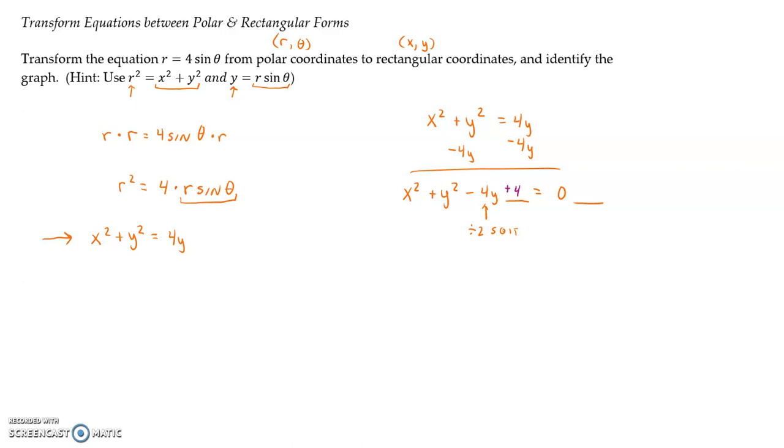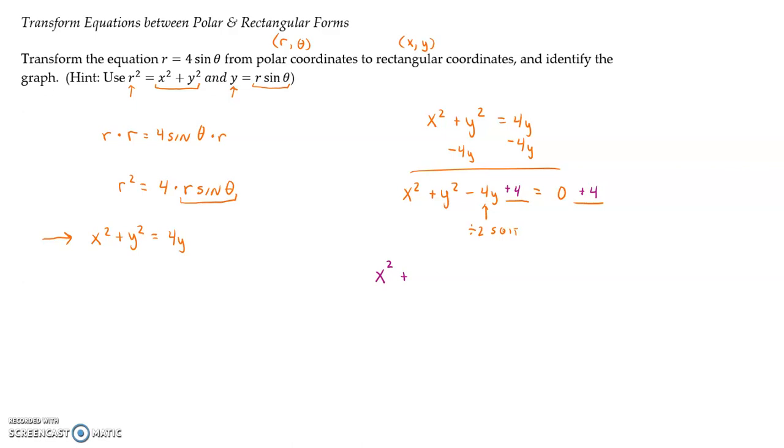And remember, you can't just add a number to one side of the equation without adding it to the other side. So I'll add 4 to both sides of my equation. And the whole point of doing that is that you have created a perfect square trinomial here with your y terms.